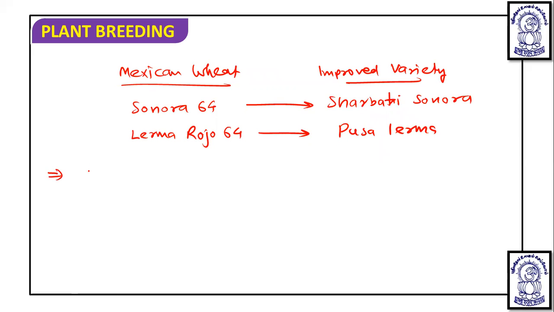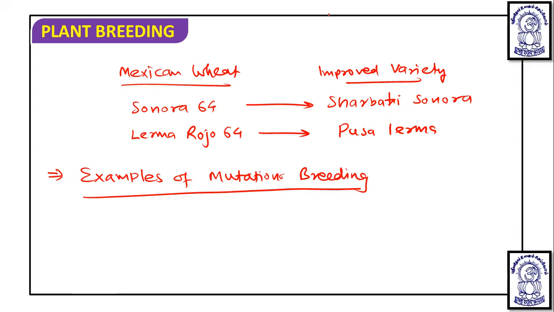Apart from this, some more examples of mutation breeding are as follows.